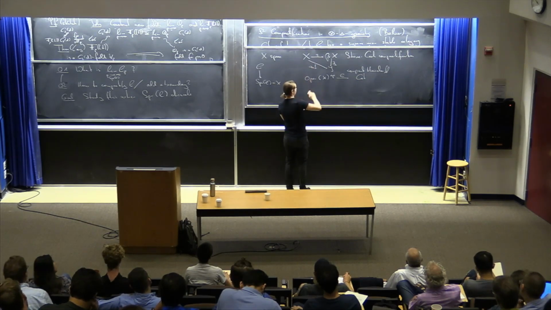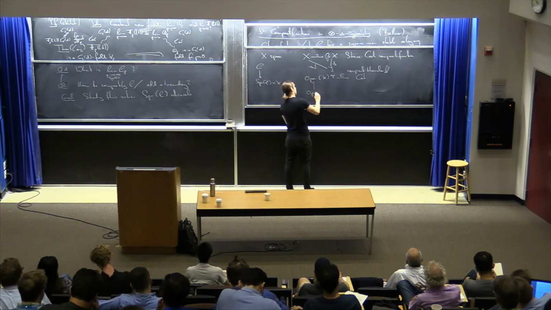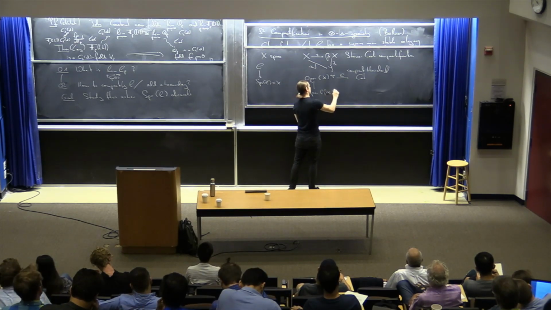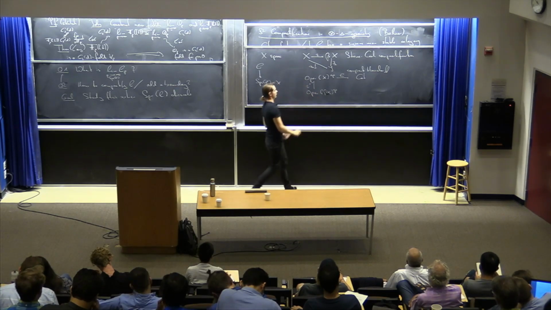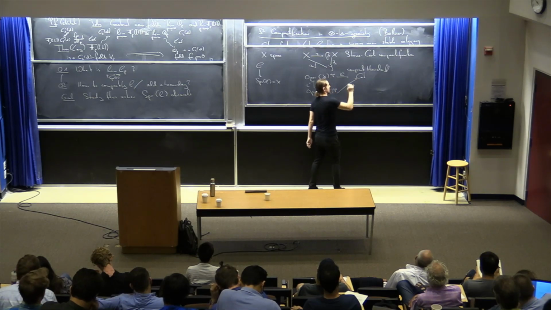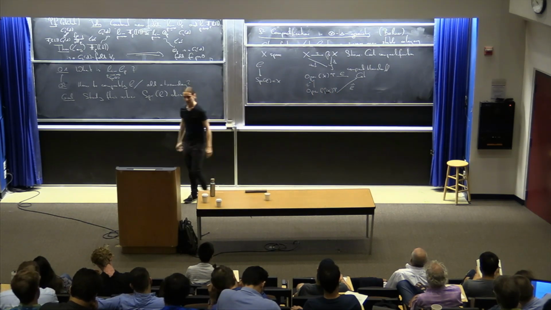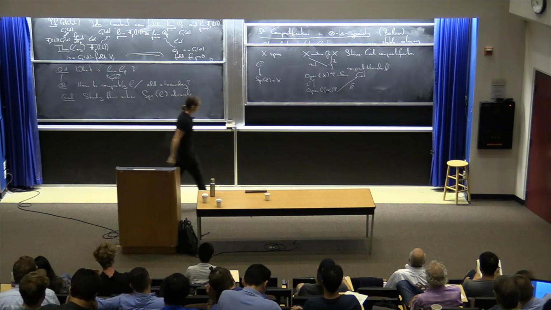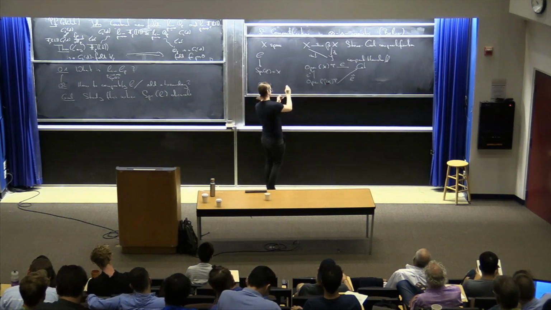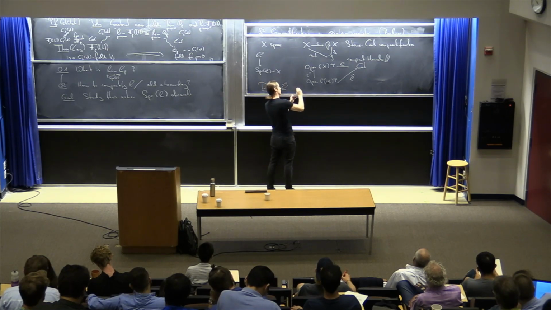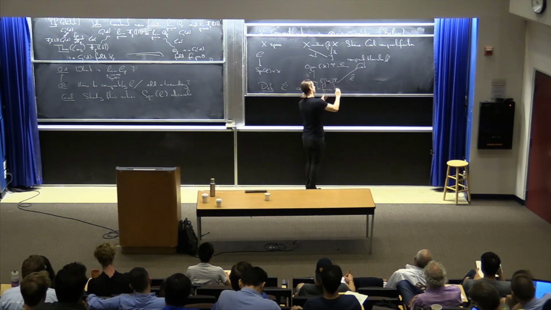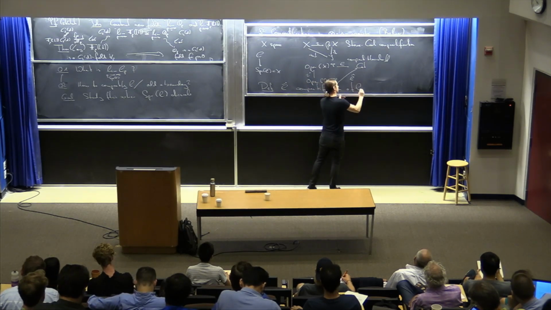I have this map iota, so I can pre-compose, and I get a functor like this. It's a really simple, stupid construction, and I would like to propose to take this as a definition. So I would like to say that C hat is the compactification of C.